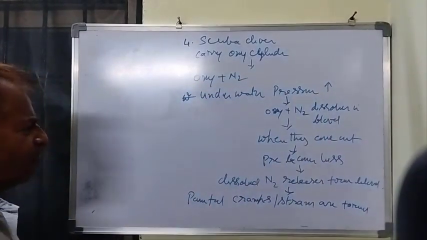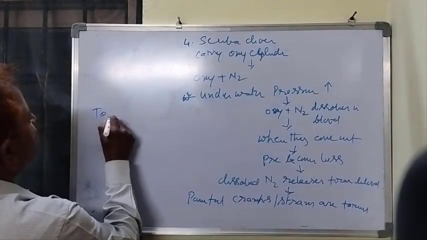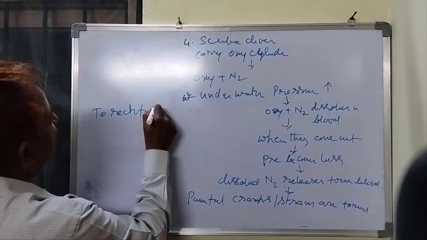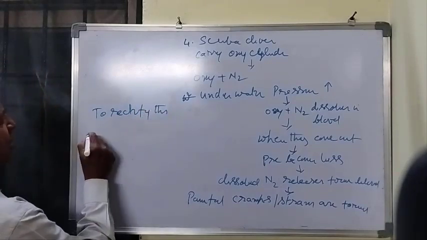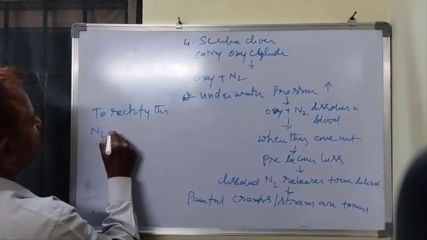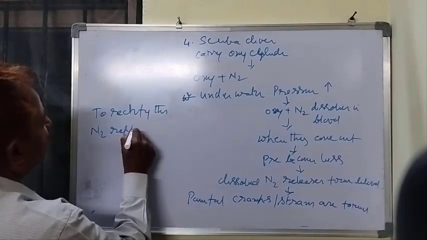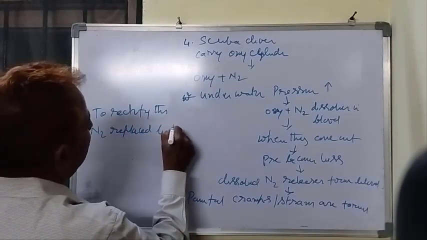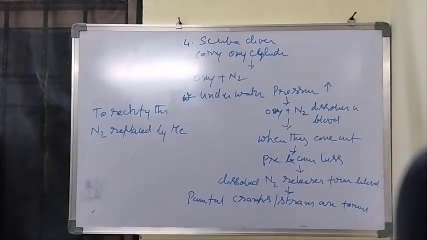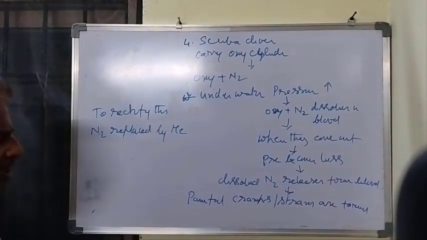So how do we rectify this? To rectify this, some of the nitrogen is replaced by helium. Why is helium used? Because even under high pressure, the solubility of helium is very less.